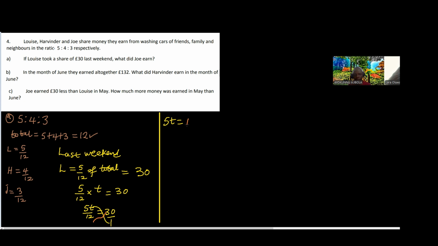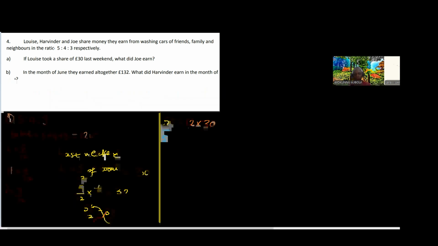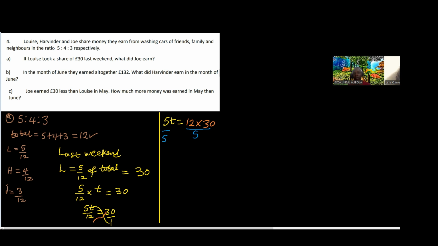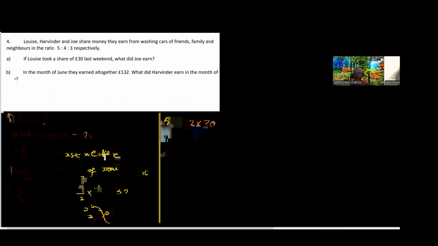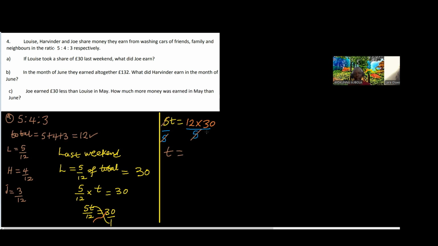Then I divide both sides by 5 to find t. 5 cancels 5, so I have t. 5 in 30 is 6, and 12 times 6 is 72. So the total money is 72.